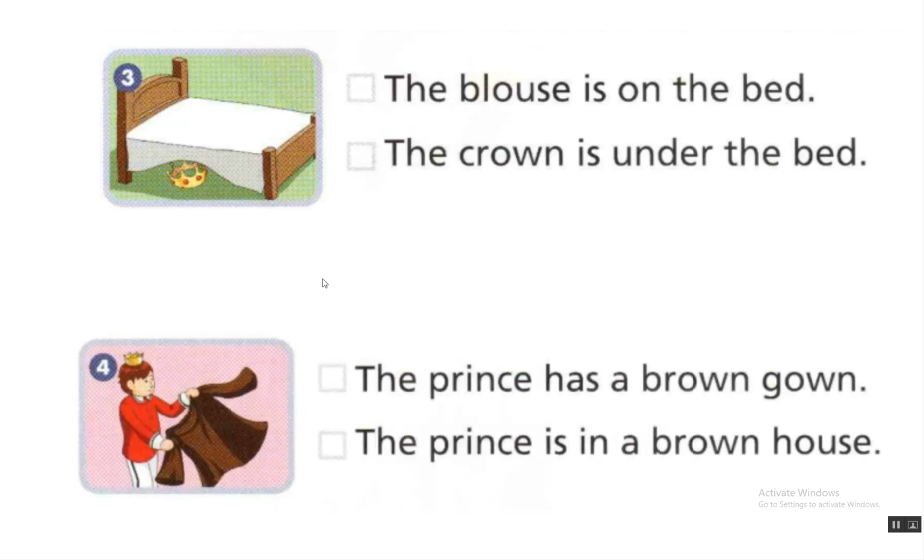Here's the next one. The prince has a brown gown. The prince is in a brown house. Okay, which one matches then? The crown is under the bed. The prince has a brown gown.